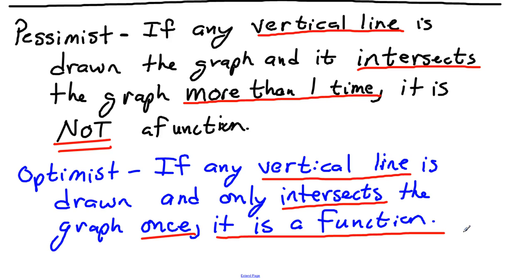So on the pessimistic side, you draw a vertical line. If it hits the graph two or more times, more than one time, could be two, three, four, whatever it is, it's not a function.